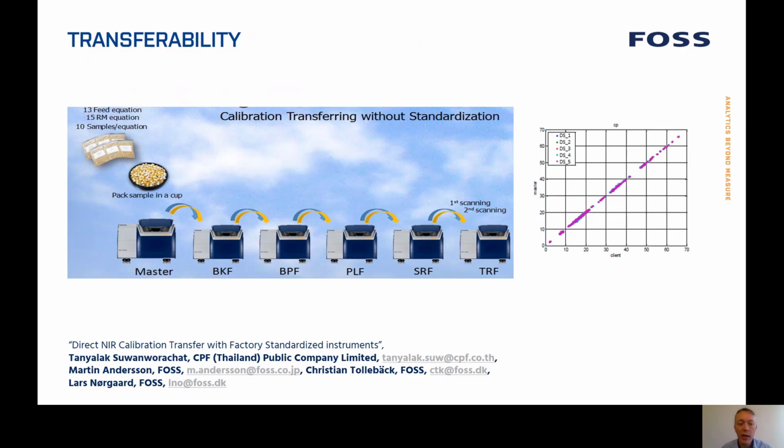The graph shown on the right shows that all 5 instruments have exactly the same measurement performance as the master instrument, and this is without any modifications to the model, and the model has been directly deployed.